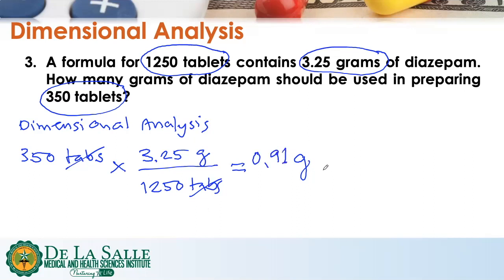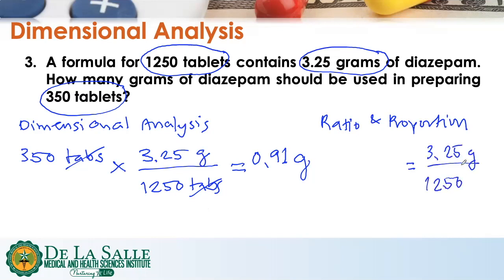We can also calculate this using ratio and proportion. Using ratio and proportion, we take note of the given: 3.25 grams of diazepam are contained in a formulation for 1,250 tablets.